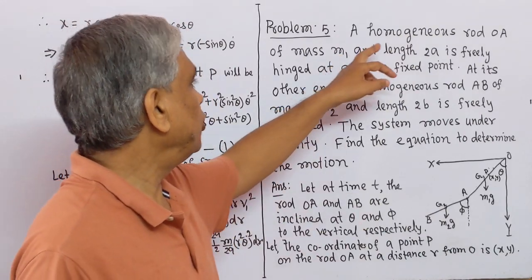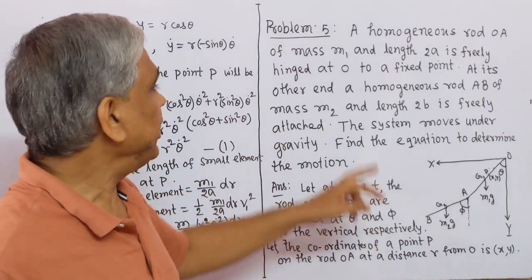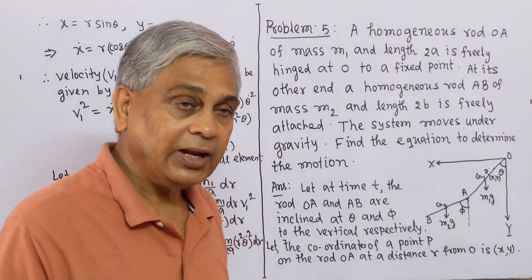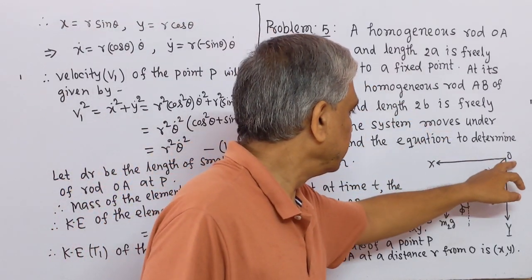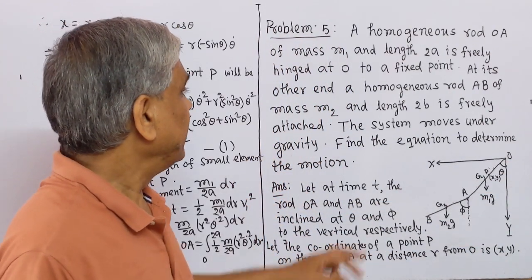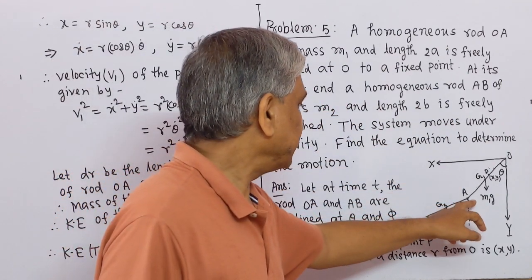The problem is: a homogeneous rod OA of mass M1 and length 2a is freely hinged at O, to a fixed point at its other end.